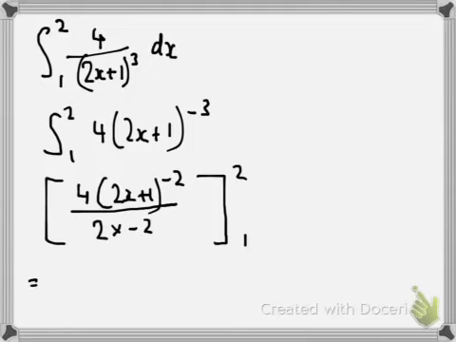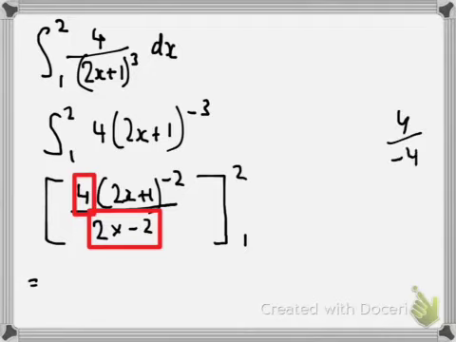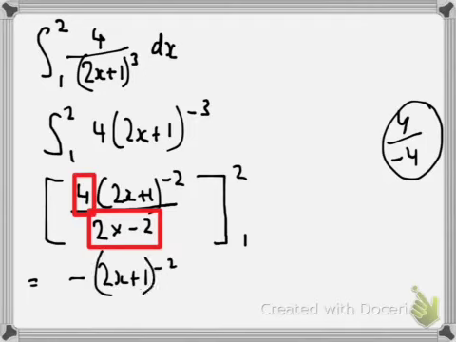So 2 times negative 2 is negative 4, cancel with the positive 4, 4 and negative 4 cancel. If we've got 4 on the top, and negative 4 on the bottom, that's going to all cancel to be negative 1. Okay, so we get negative 1, 2x plus 1 to the negative 2, square brackets 2 and 1.